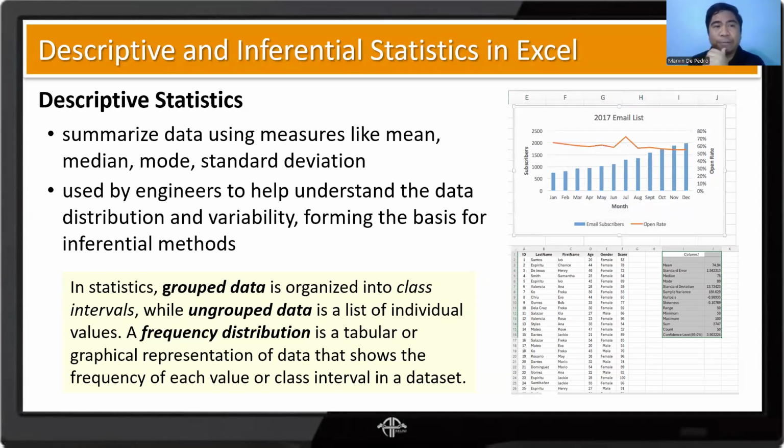Remember, by the way, that data can be considered grouped when it is organized into class intervals, while ungrouped if it is a list of individual values.